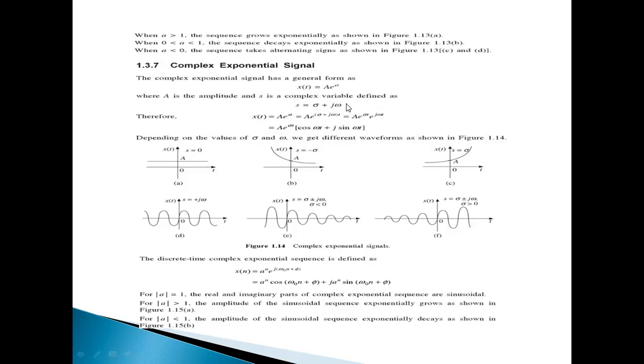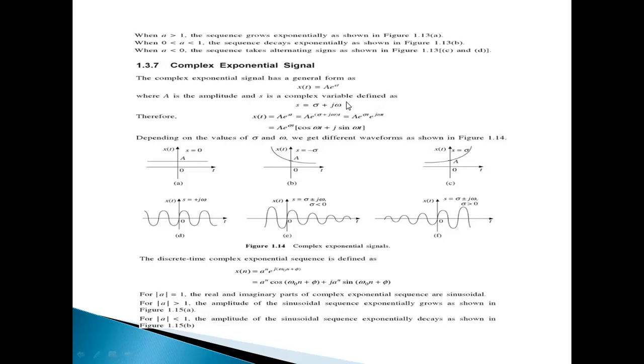You will see it in control systems. Sigma is the real axis and omega is the imaginary axis. In the drawing of polar and Bode plots, you get s equal to some values, s is equal to sigma plus j omega. For the secondary students, it is new.